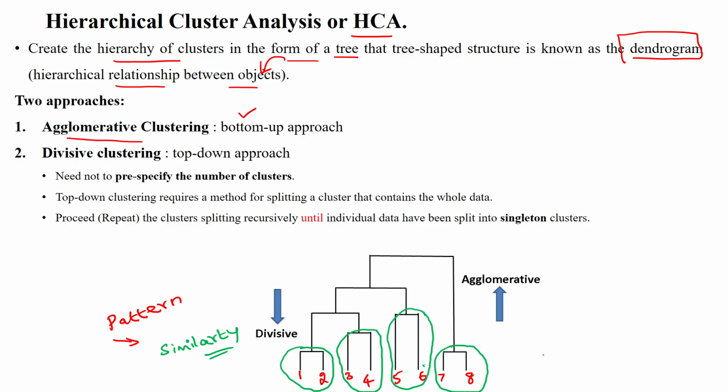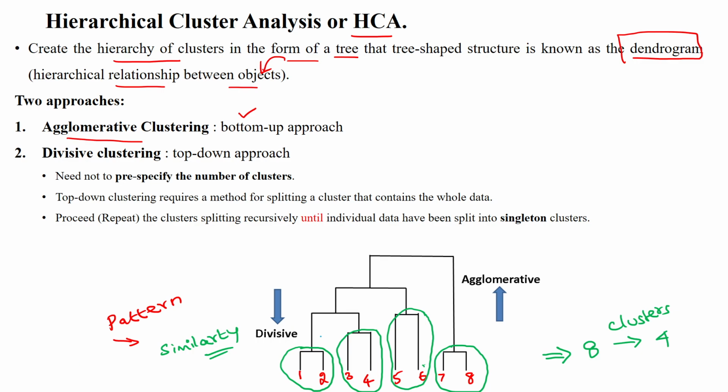So here what we have done, we had 8 data points which are transformed into clusters. So here after learning the similarity pattern by the agglomerative clustering approach, it formed 4 clusters. Then in the next step, again it will not stop.